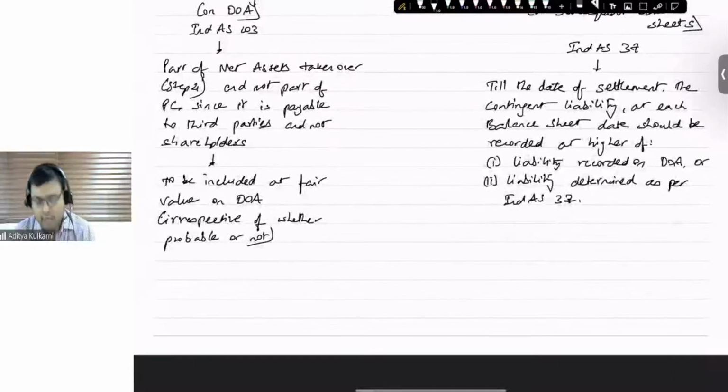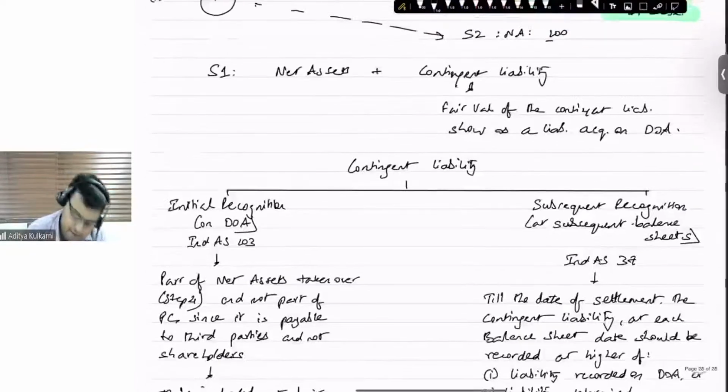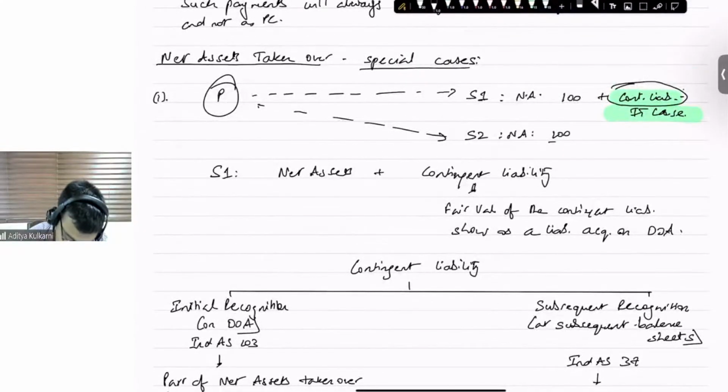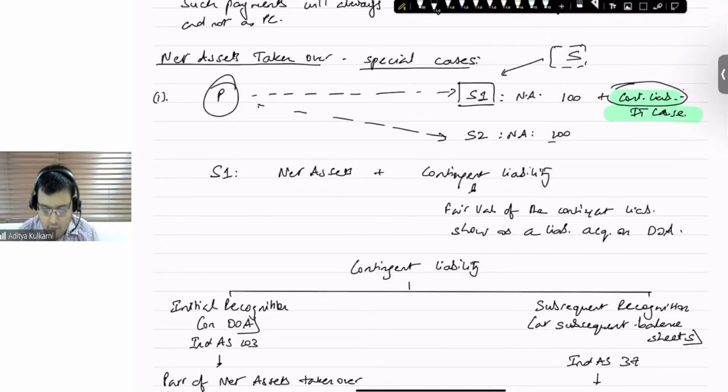Okay. Now, it may so happen that, building on the same example, S1 has a former parent S prior to acquisition by P. So what S tells is, look, if you take over S1, whatever be the outcome of this income tax case, I will compensate you for that.